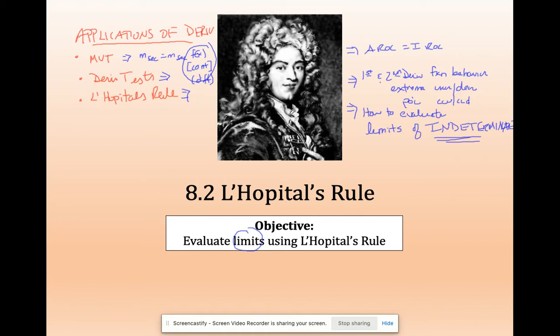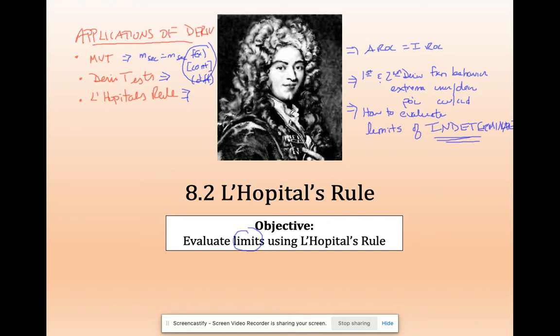Now, when we first did limits, we got some limits that were technically indeterminate. I didn't really use that language on you because all of the examples I gave you, we got around the indeterminate form by either algebra or a trig pattern I taught you.